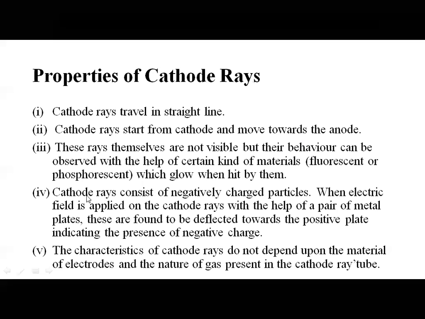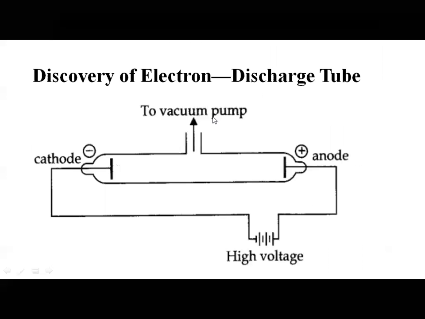Cathode rays consist of negatively charged particles. Now the question is how they got to know that. See, the rays were originating from the cathode and moving towards the anode. They were getting attracted towards the anode, moving away from the cathode. So they are getting attracted towards the anode means the anode is positively charged.